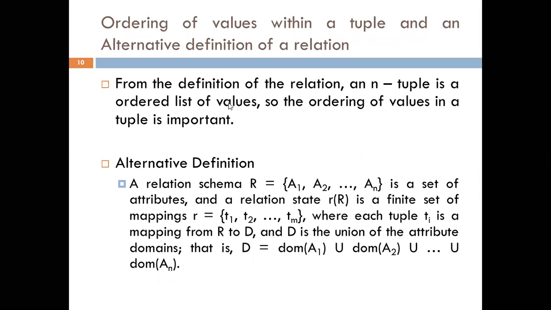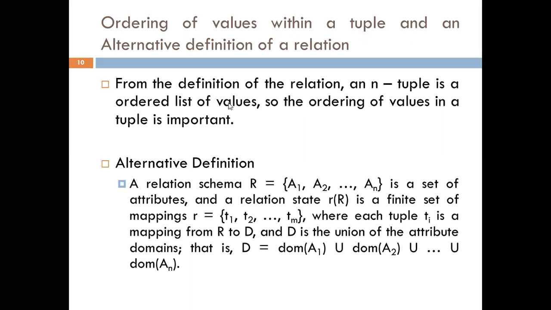Next, ordering of values within the tuples and an alternate definition of a relation. From the definition of a relation, we define it as an n-tuple, whereas a tuple is an ordered list of values, so the ordering of values in a tuple is important because we will be writing the columns. The column header will indicate the attribute name, and hence the order in which we write the values is important.